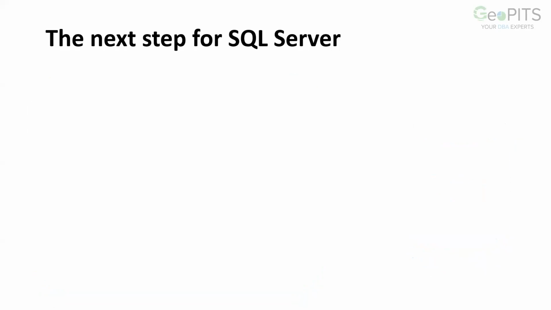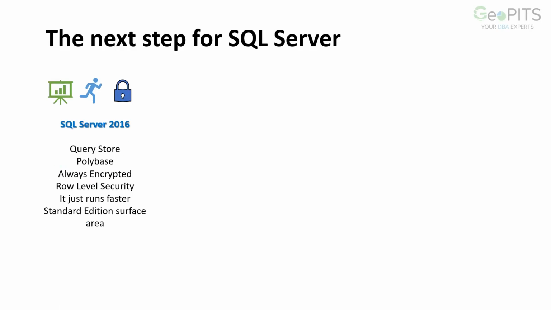First, what is the next step of SQL Server? Here is a short intro of how it emerged and how it became more enhanced in SQL Server to provide products at a very optimal level.